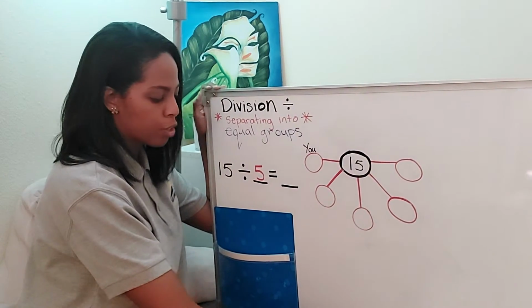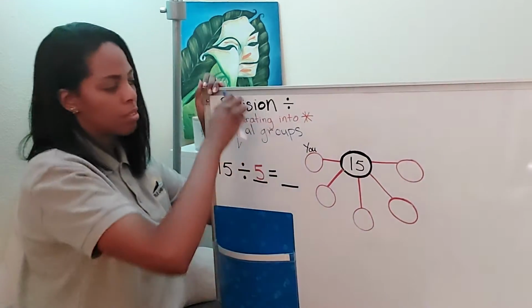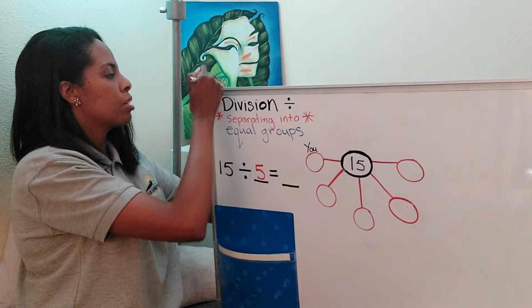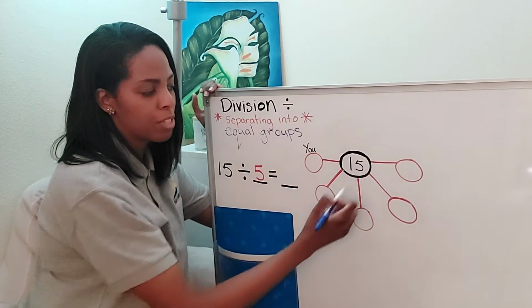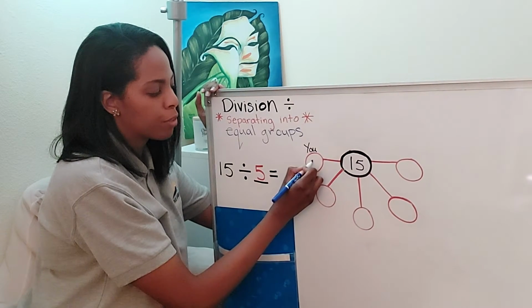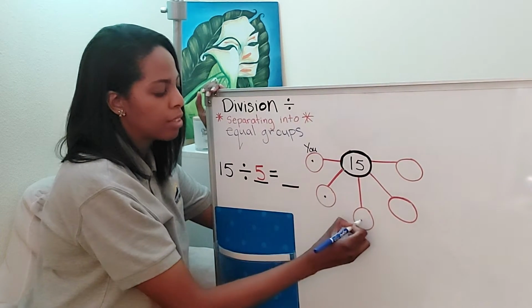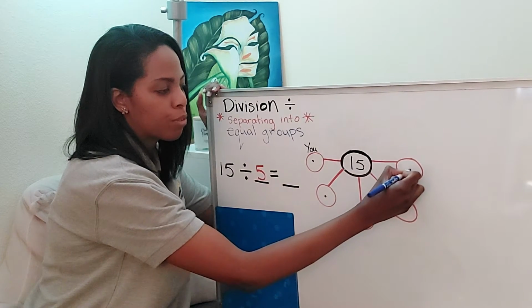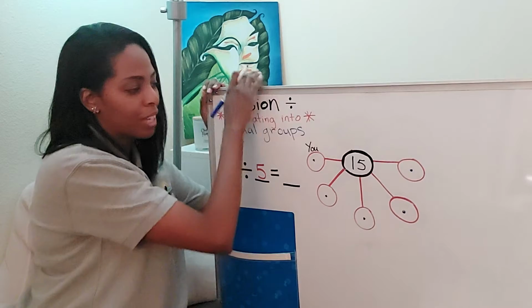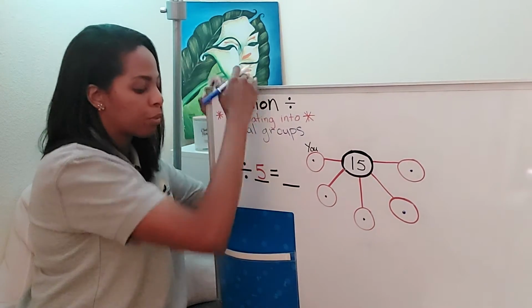If you are just starting out and you want to see pictures, I'll draw dots to represent you sharing out these 15 gummies. So 1 gummy for you, 1 gummy for friend 1, 1 for friend 2, 1 for friend 3, and 1 for friend 4. Okay? So you started with 15 gummies.